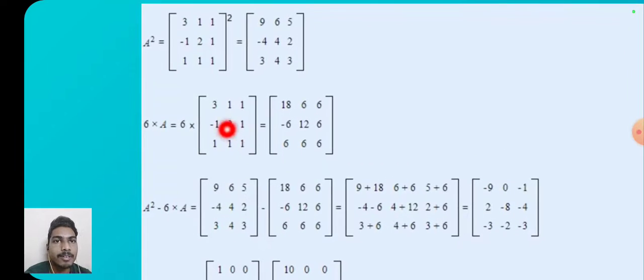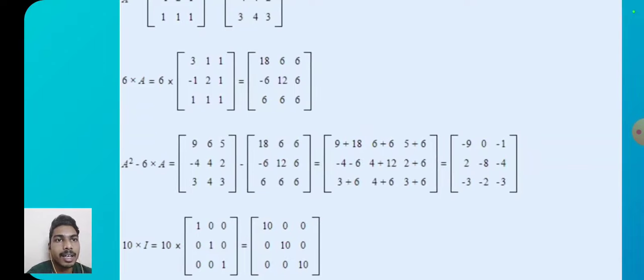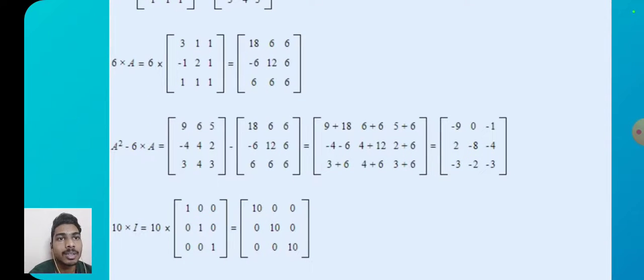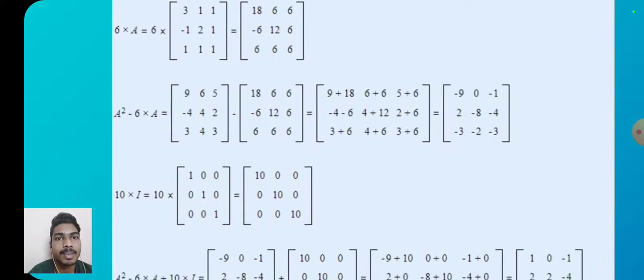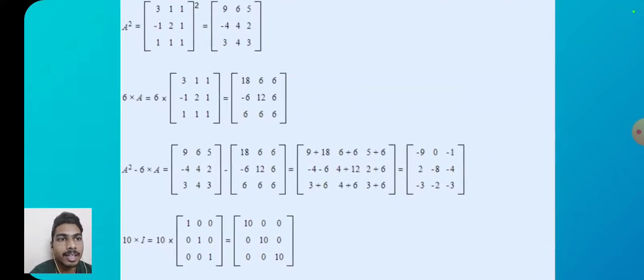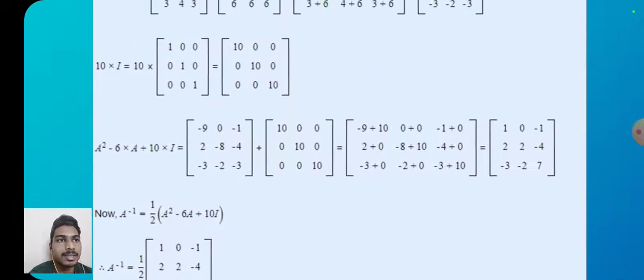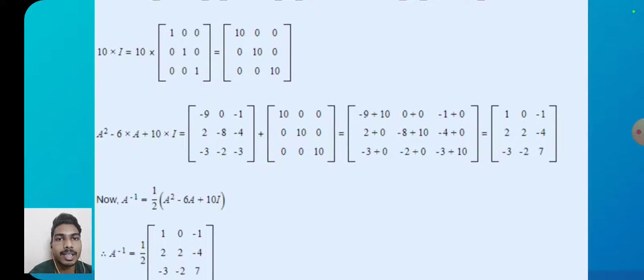After multiplying A into A, we get 9 6 5, -4 4 2, 3 4 3, and for 6A we get 18 6 6, -6 12 6, 6 6 6. So after solving all these, for the expression A² - 6A + 10I, we get 1 0 -1, 2 2 -4, -3 -2 7.